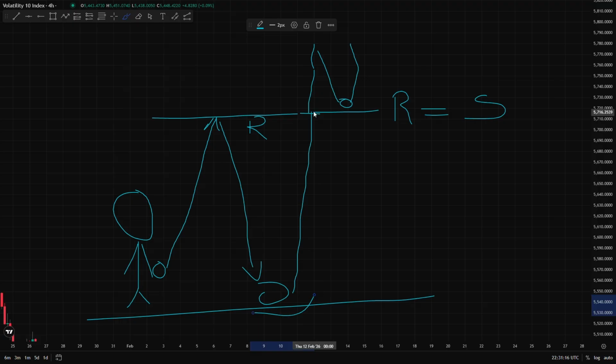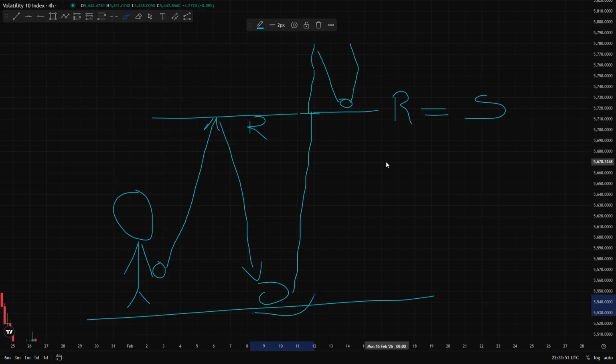Then the ball broke through the ceiling, then lost its momentum, came down, and bounced on the ceiling, which was the resistance earlier, then continued the initial movement. So basically this is what it means when you hear the words resistance turning support.